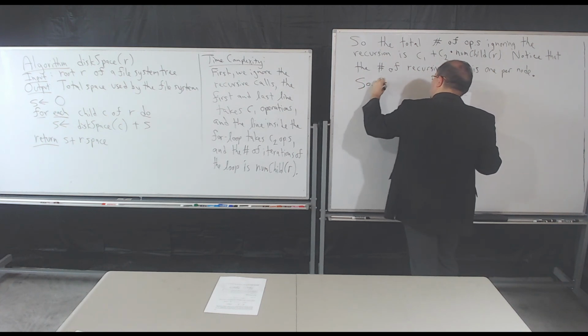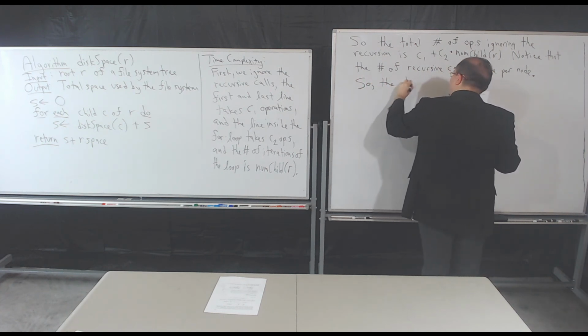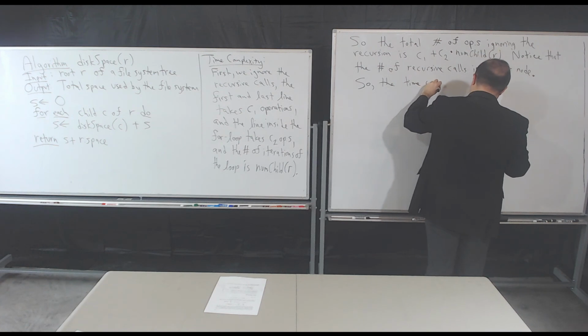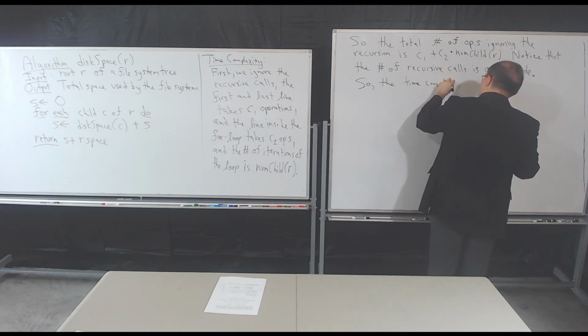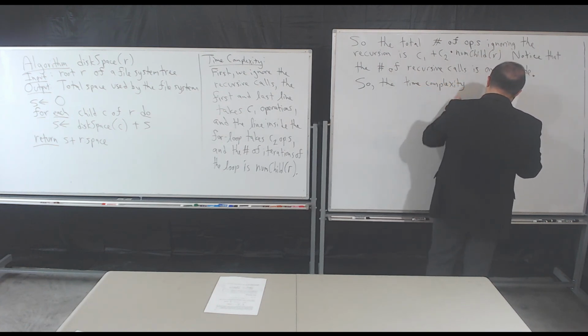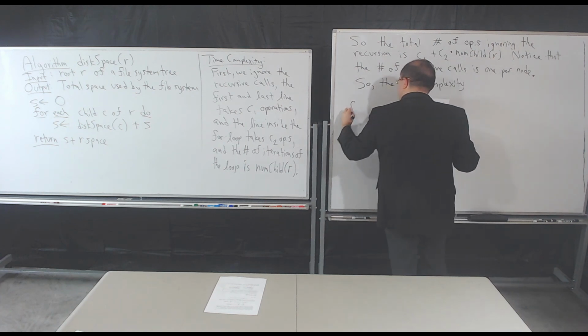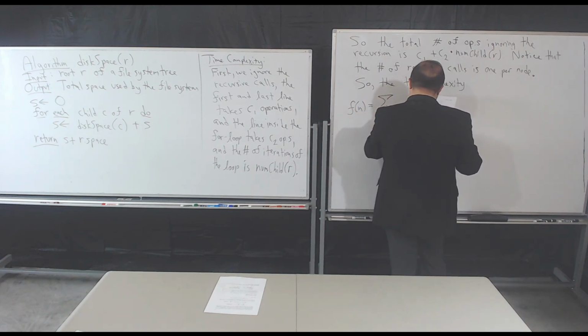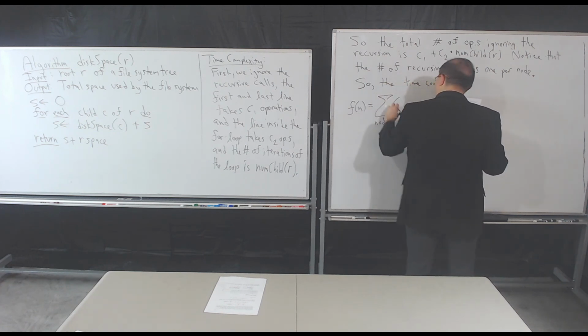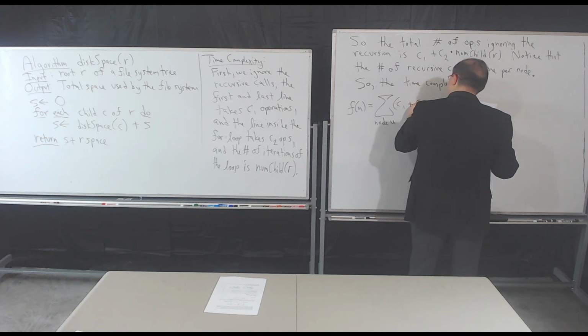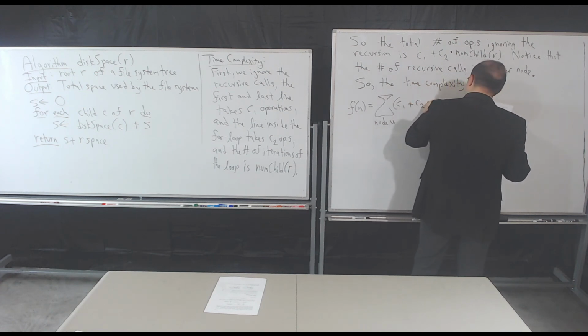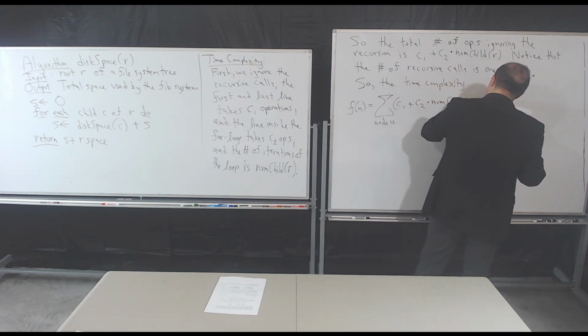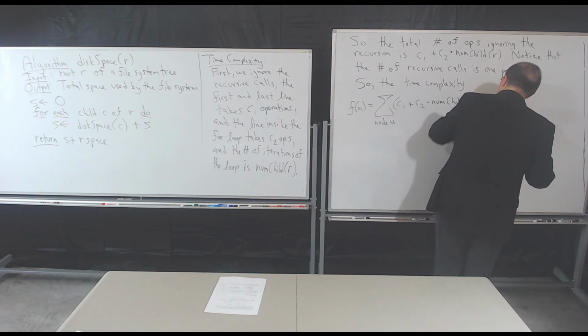So the time complexity, now let me write it as a function because it makes it a little easier to play around with. So f of n is going to be, for each one of my nodes in the tree, I have C1 plus C2 times numchild of u. What's this equal to?